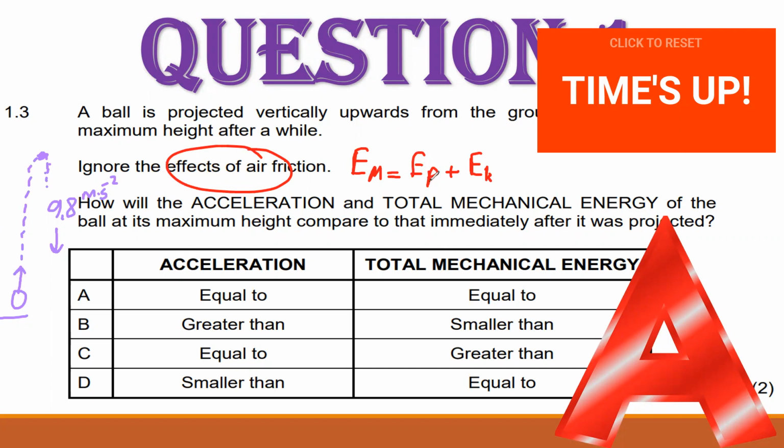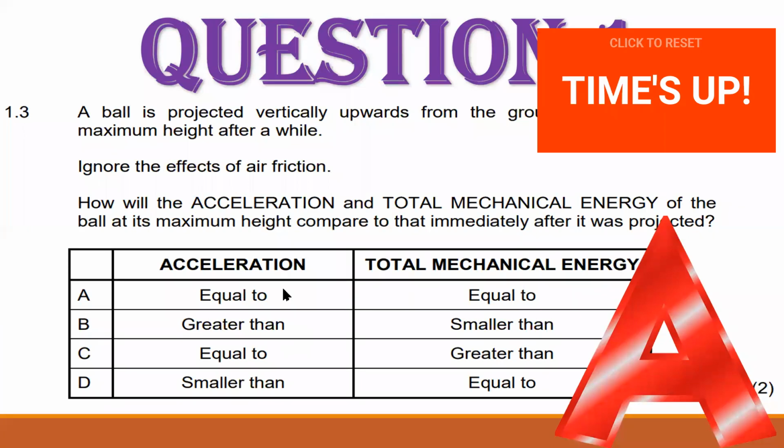Potential plus kinetic, mechanical energy is also the same. Kinetic energy changes to potential energy, but energy is only transferring from kinetic to potential, it is not changing, mechanical energy is not changing. All right, so we have done 1.3. Let's continue with the next question.